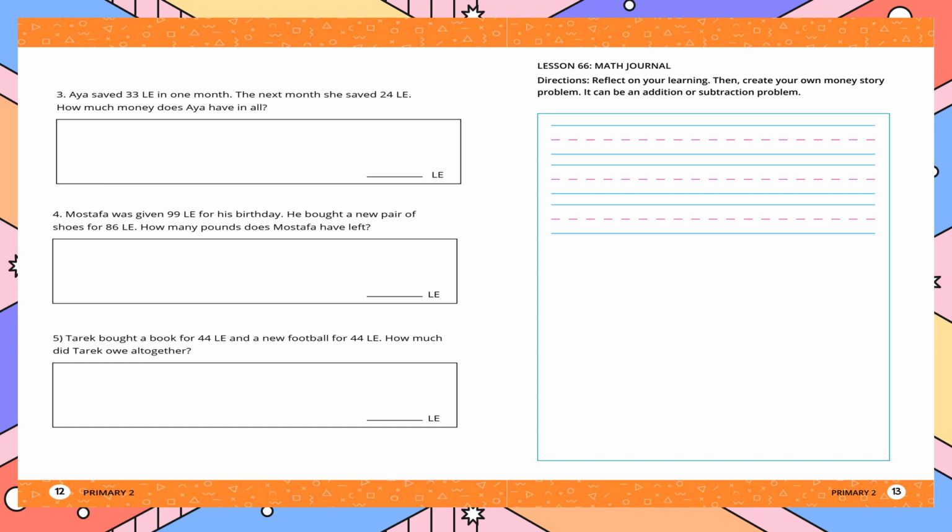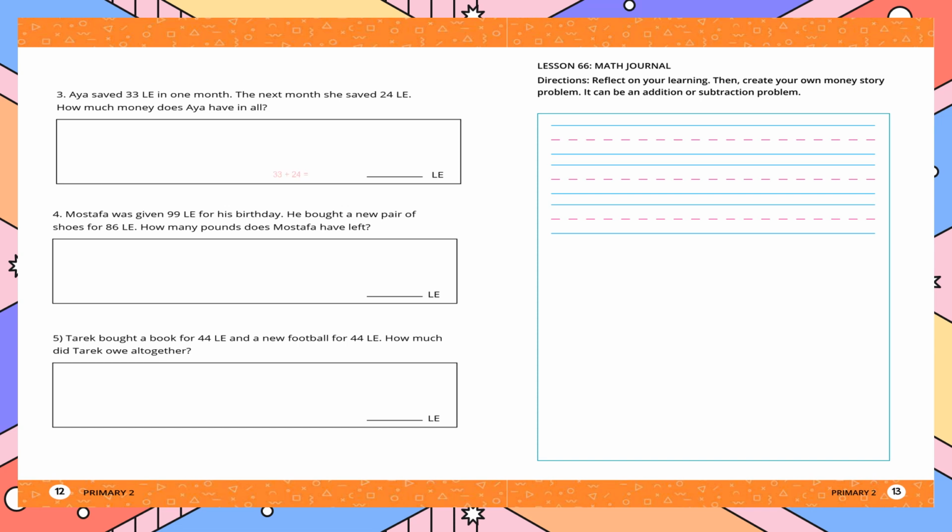Let's move to next story problem. Aya saved 33 LE in 1 month. The next month she saved 24 LE. How much money does Aya have in all? In all is a keyword for what? Yes, in all is a keyword for addition.